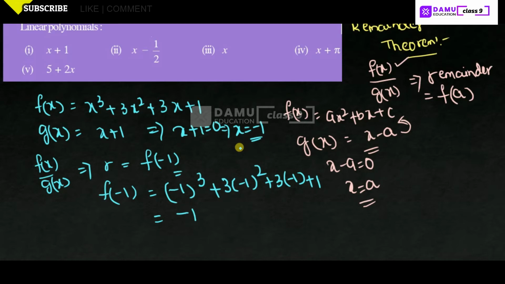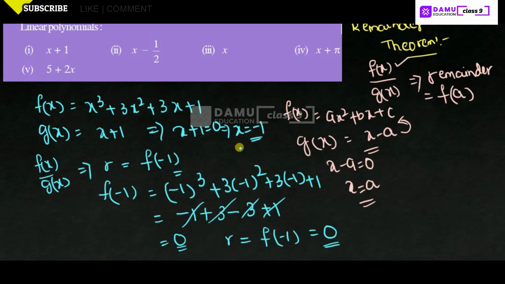Here the exponent is even, so plus 1 will come. So 3 into 1 is 3, and 3 into minus 1 is minus 3, plus 1. Plus 1 and minus 1 cancel, and plus 3 and minus 3 cancel. So the remainder is f of minus 1, which equals 0. This is the remainder for the first one.